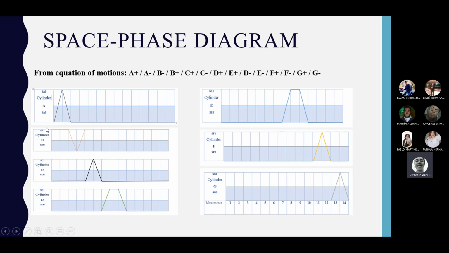We had our actuators A, B, C, D, E, F, and G, and we can see this movement going out and then going in, and everyone has a different initial position. It is just because they had different necessities by the equation we proposed.